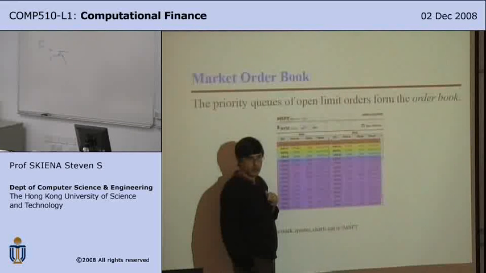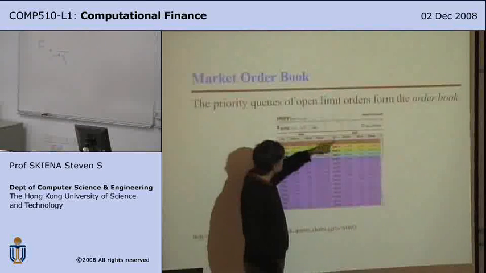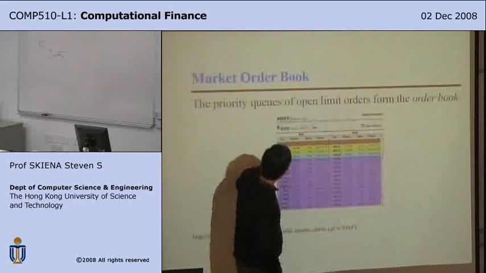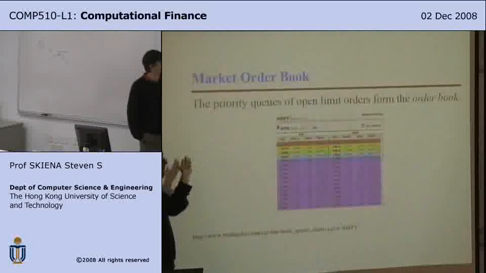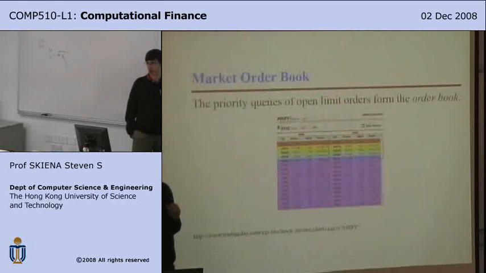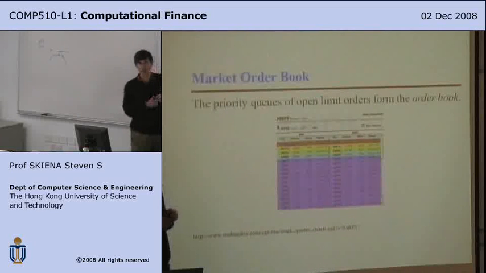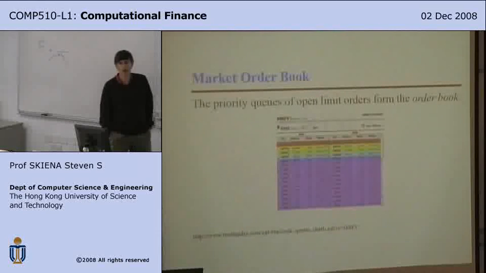So these are people who say, I will sell at this price, I will buy at this price. The purpose of an exchange is to match these people. If they match, the stock will be dealt at exactly the same price.